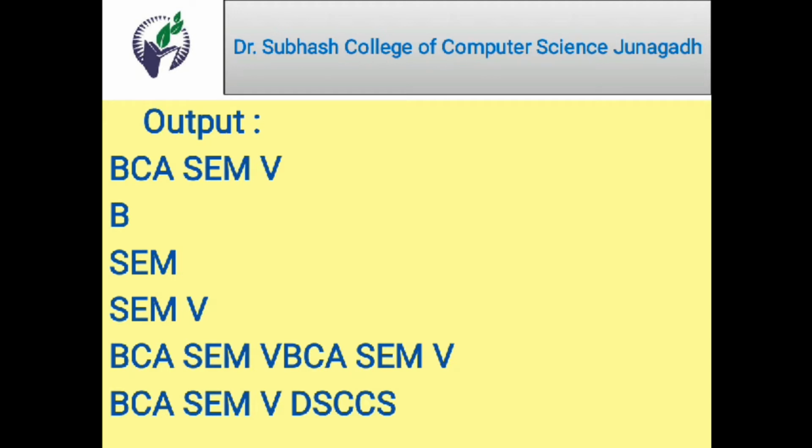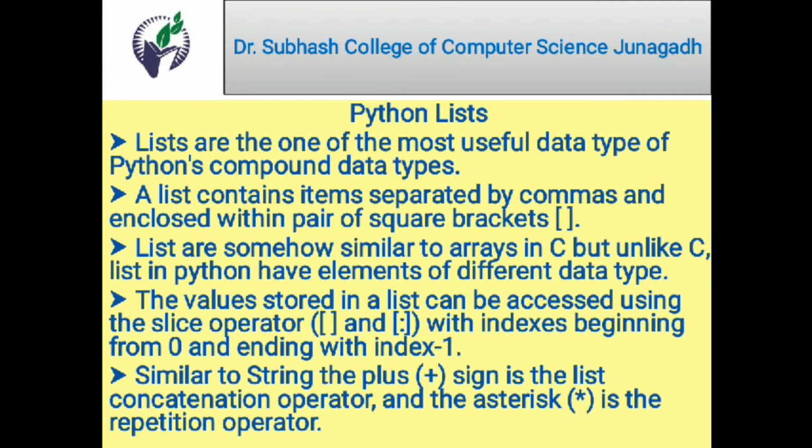Now another most important data type that we are going to discuss is the Python list. Lists are one of the most useful of Python's compound data types. Compound data type means it can contain more than one data type, for example string, then number, and in number also real and integer. A list contains items separated by commas.